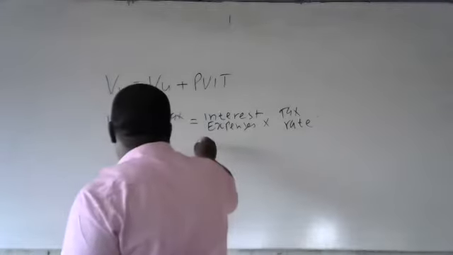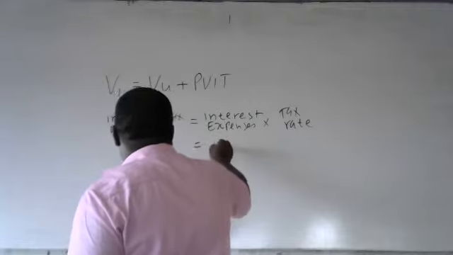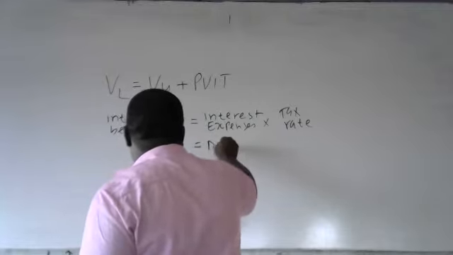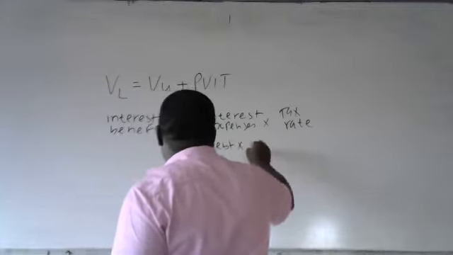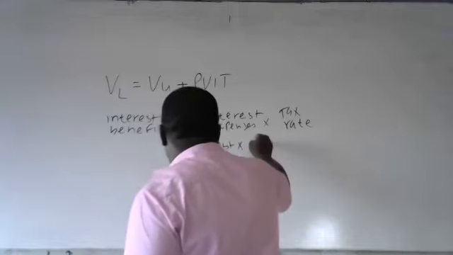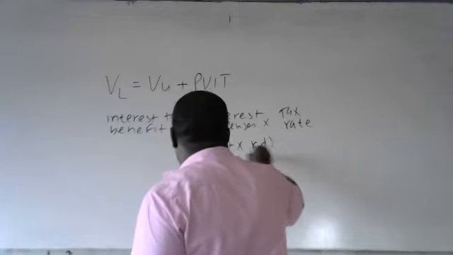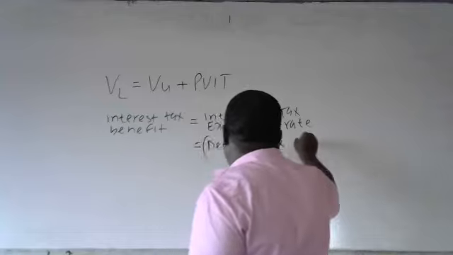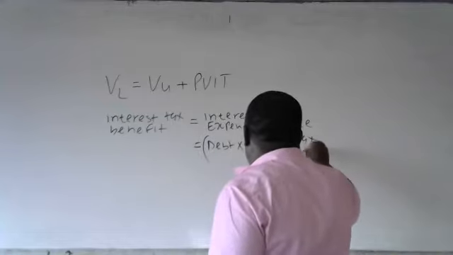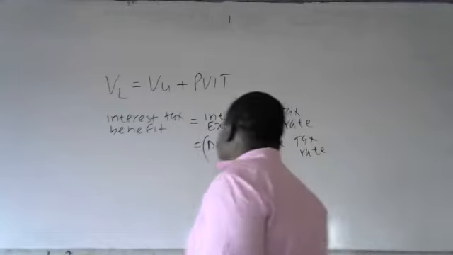Then to get the interest, we simply take the debt and multiply by the KD. KD is the interest rate. Then we come up with the interest expense, and now we multiply by the tax rate.